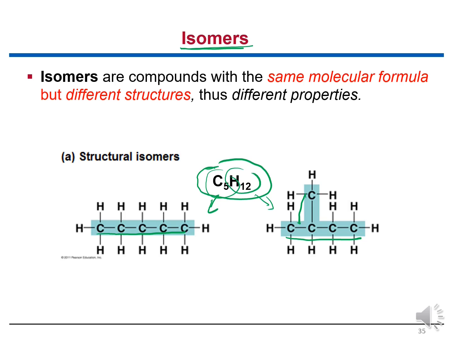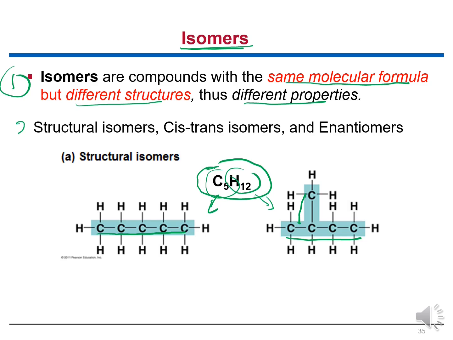The first thing that I want you to remember from this slide is that isomers are compounds with the same molecular formula, but they have different structures, and as a result, different chemical properties. The second thing that I want to show you is that there are different types of isomers. These, for example, are called structural isomers. And then we will move to other ones: cis and trans isomers, and later we will move to enantiomers.